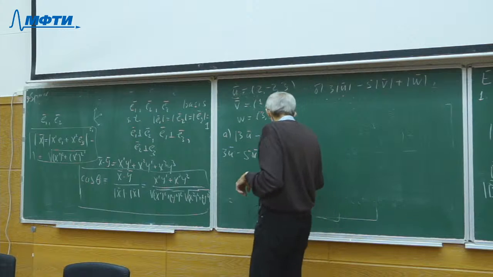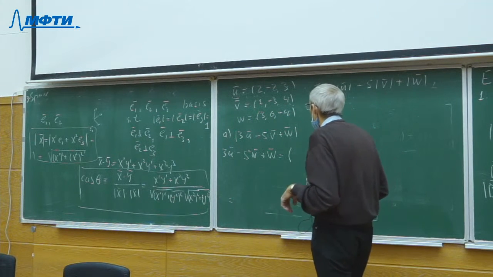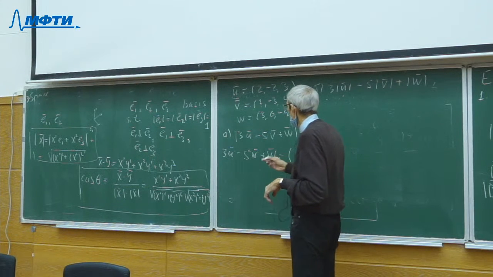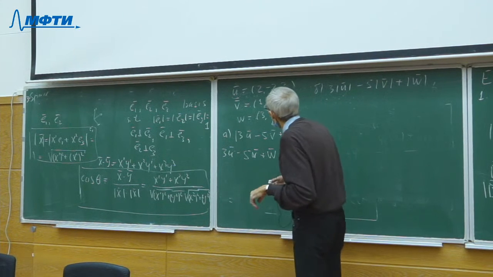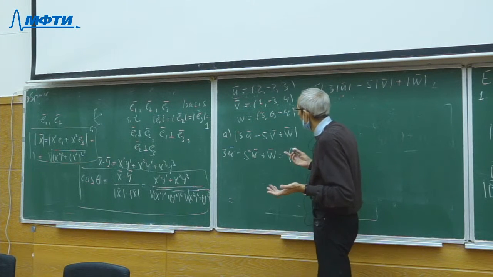And on the right side, we can calculate the coordinates of this vector. How to calculate?